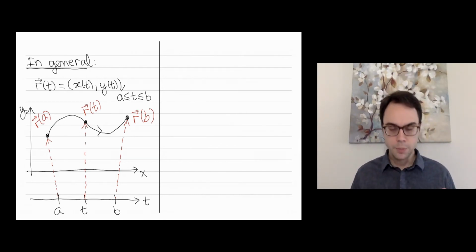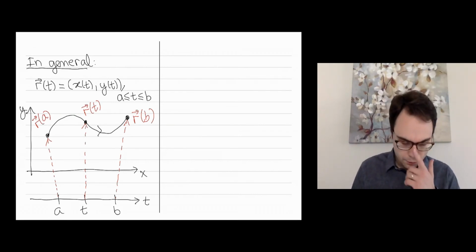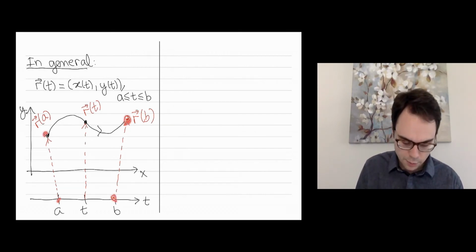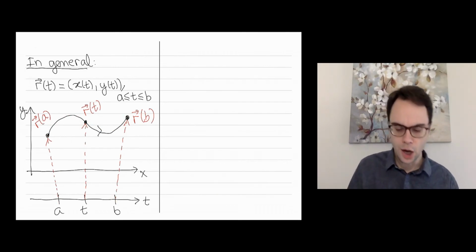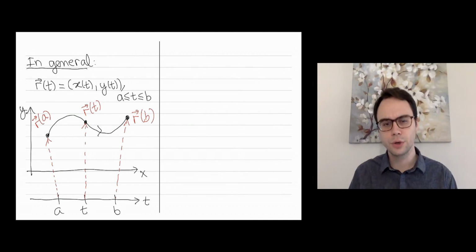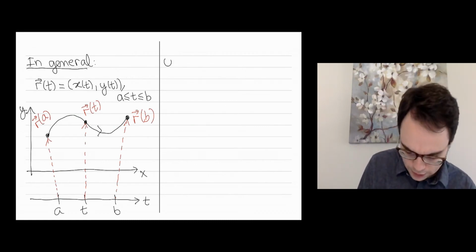But I could have a parameterization where a would be mapped to this point and b would be mapped to this point, and then I would do something like this. So it would traverse the curve with the opposite orientation. So that's that notion. This notion of orientation is going to be important to us.